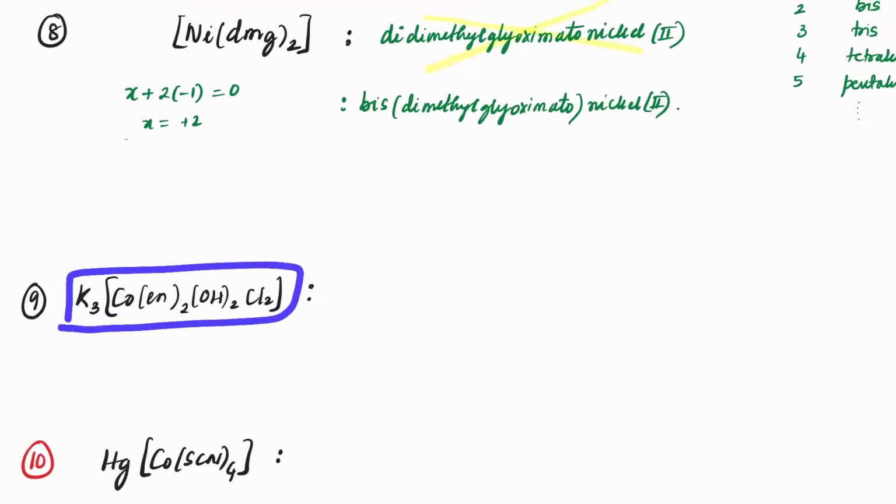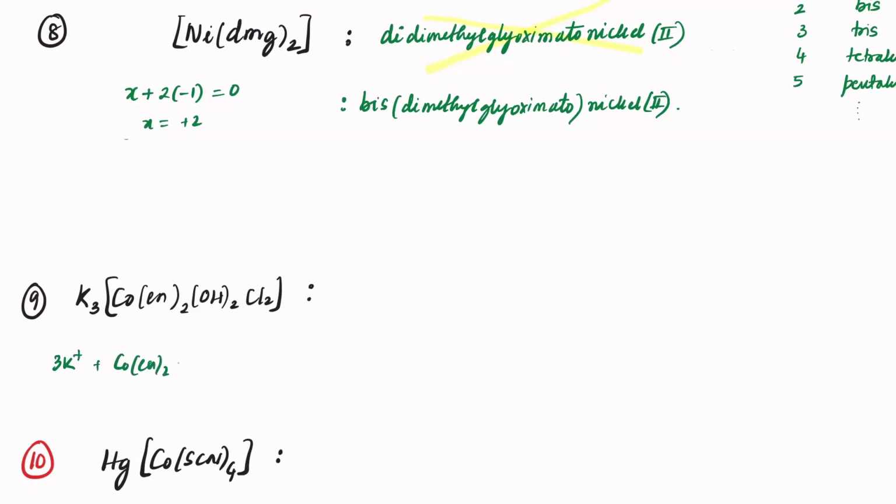This one. K3. If you split this, it will become 3K+ and cobalt en twice, OH twice, and Cl2. Overall charge is 3 minus. So first write down potassium, then leave space. Check out the oxidation state. This plus 2 times 0 plus 2 times minus 1 plus 2 times minus 1 overall equal to minus 3.